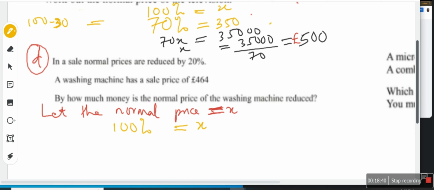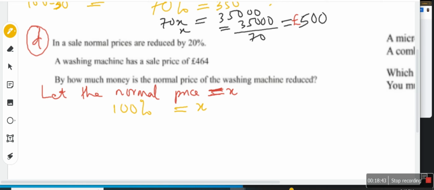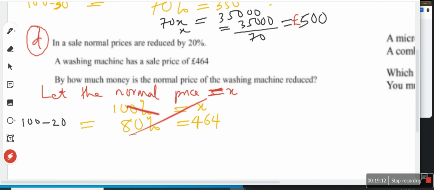All right. It's reduced by 20%. So you are going to first of all reduce it by 20%. So you say 100 minus 20, which is now 80%. So 80% is what now? Okay. 80% is giving us 464. So you find X, isn't it? You cross multiply.